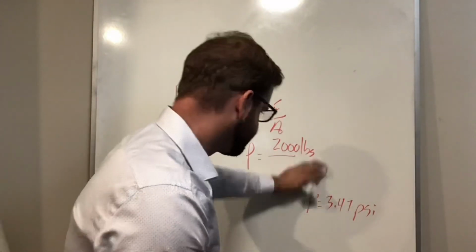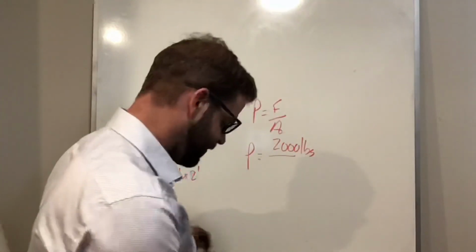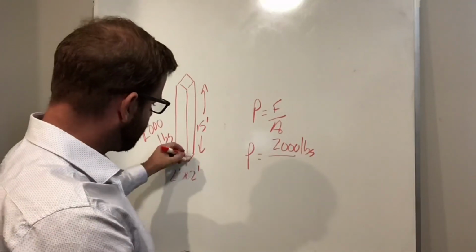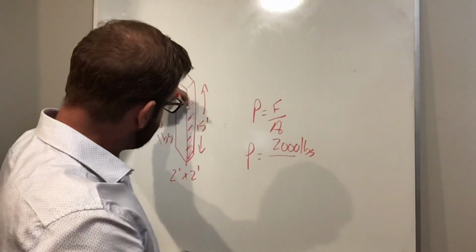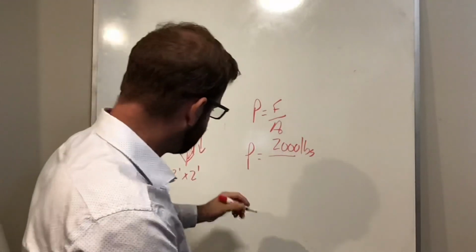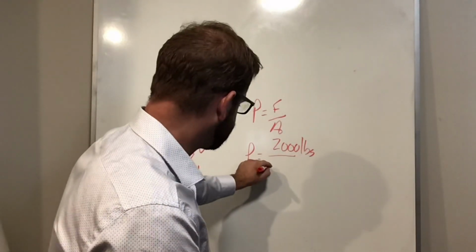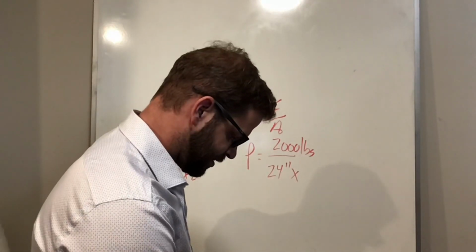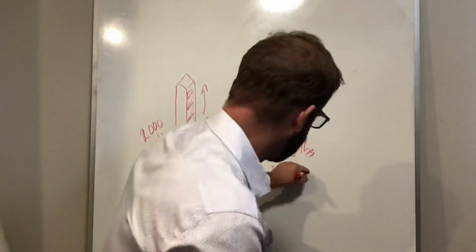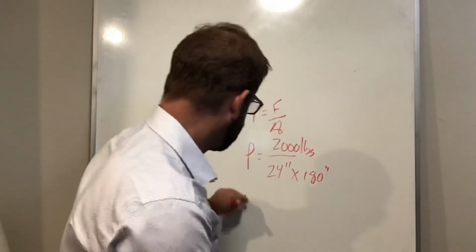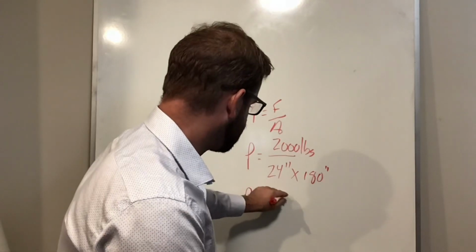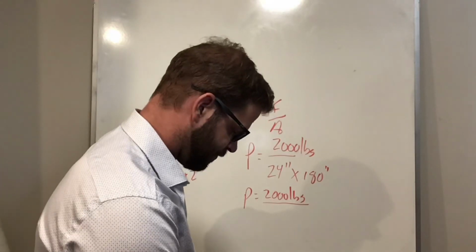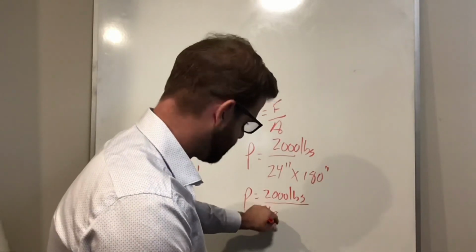Now we're going to look in the other direction. So the weight, as we know, stays the same. But now it's fallen over, so it's going to be this side here. So it's 2 feet by 15 feet. So 2 feet, as we said, was 24 inches. And 15 feet in inches, 15 times 12 is 180. So that equals 2,000 pounds divided by 180 times 24, which is 4,320.